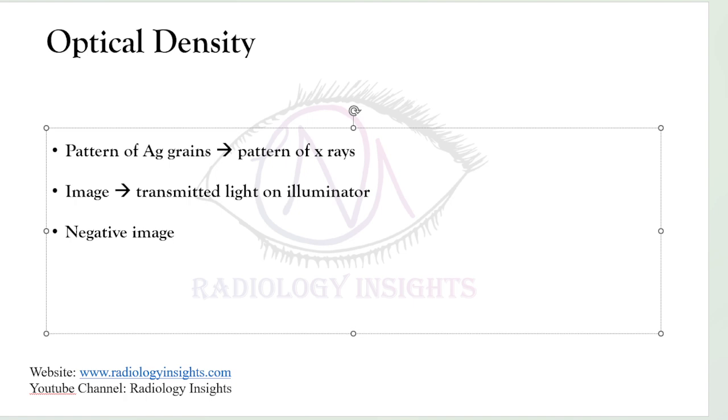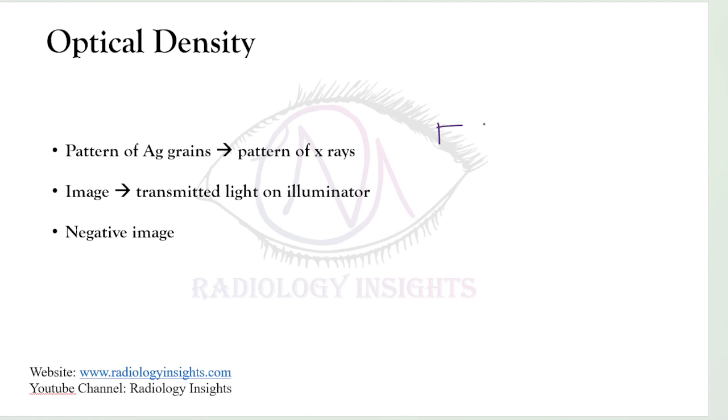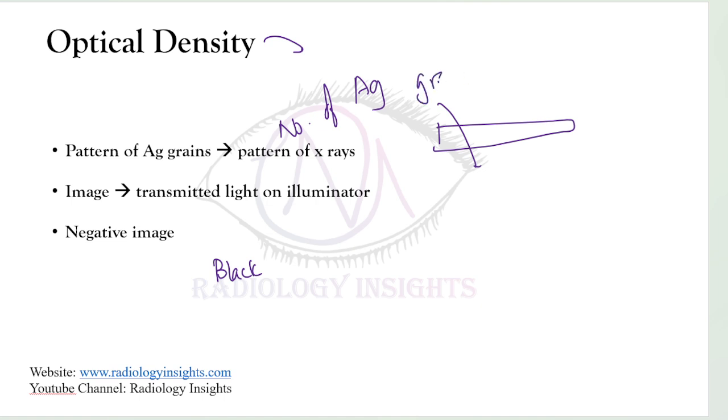A grain of silver absorbs the light as it passes through the emulsion. So the optical density, or blackening of the film, depends upon the number of silver grains present per unit area.